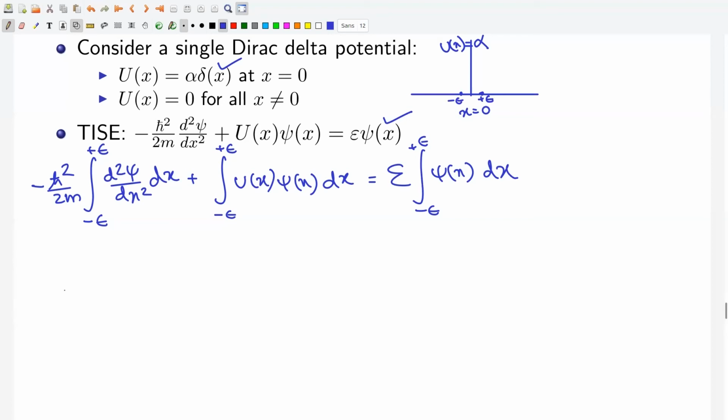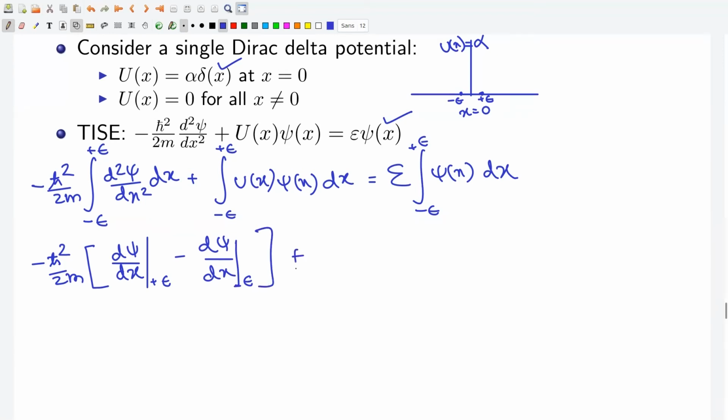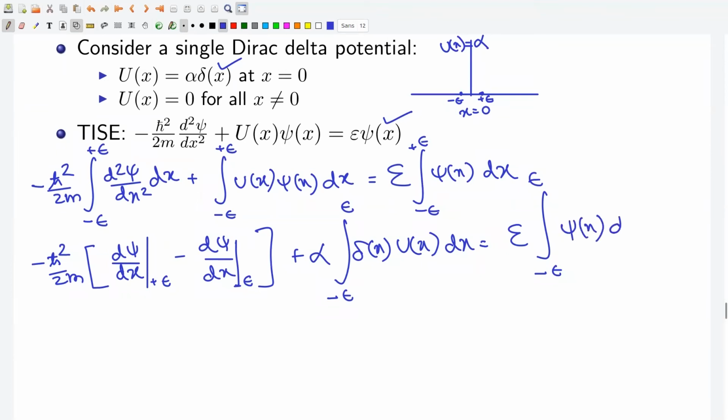Now let us calculate the integral. Minus h cross square by 2m times d psi dx at x equal to plus epsilon minus d psi dx at x equal to minus epsilon, plus the potential is alpha times delta x and alpha is a constant, so we have alpha times integral from minus epsilon to plus epsilon of delta of x psi of x dx, which is equal to energy times integral from minus epsilon to plus epsilon of psi of x dx.